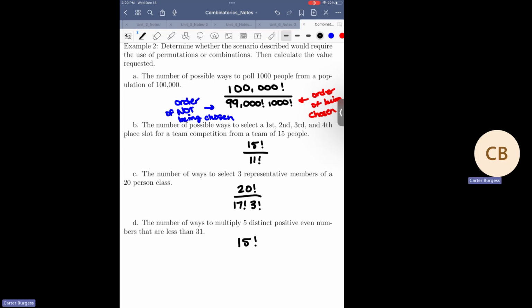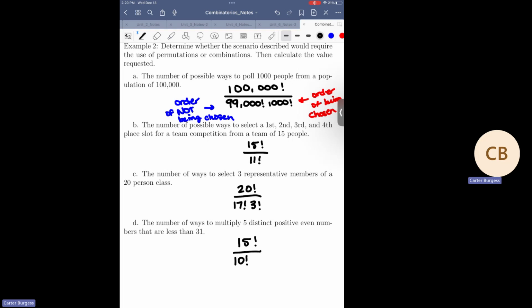How many orderings do we not care about on account of the number not being picked? How many numbers of this 15 are not going to get picked? 10 of the 15 are not going to get picked.